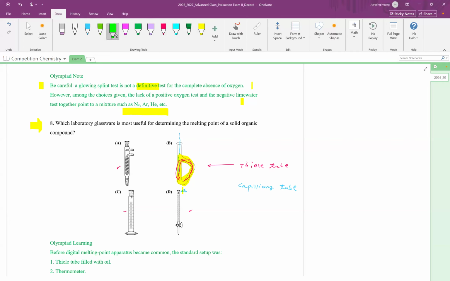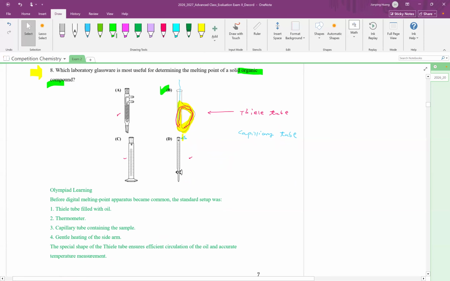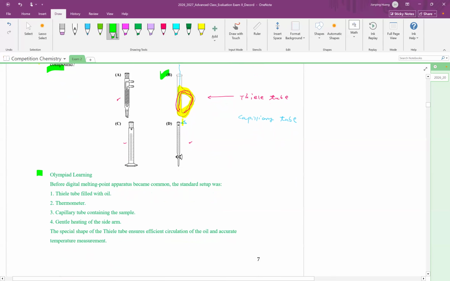That's the one. So what's this one? You measure the organic compound. You choose this one.